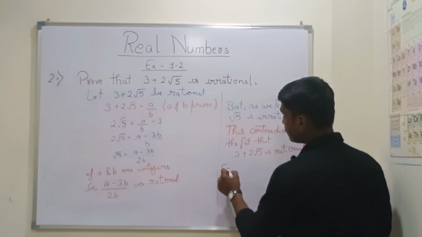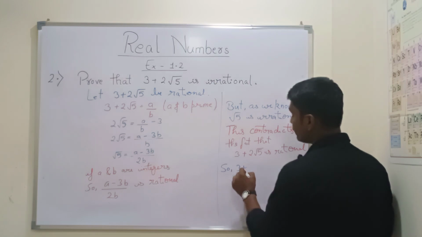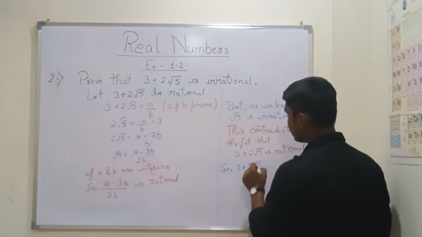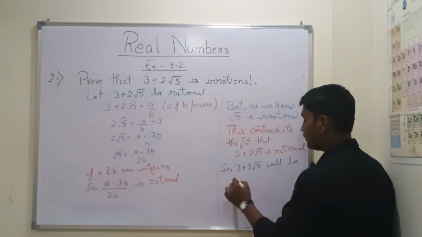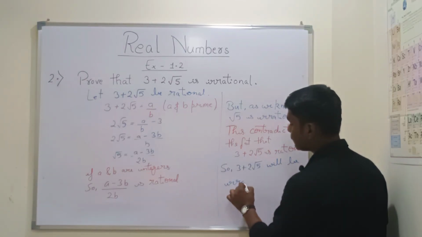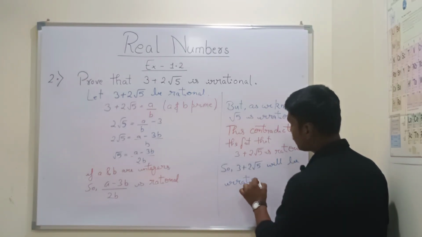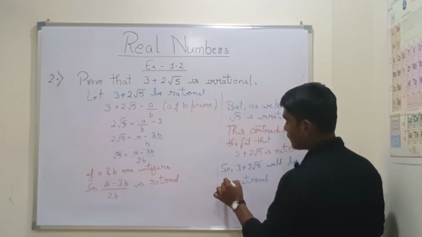So 3 plus 2 root 5 will be irrational. Okay.